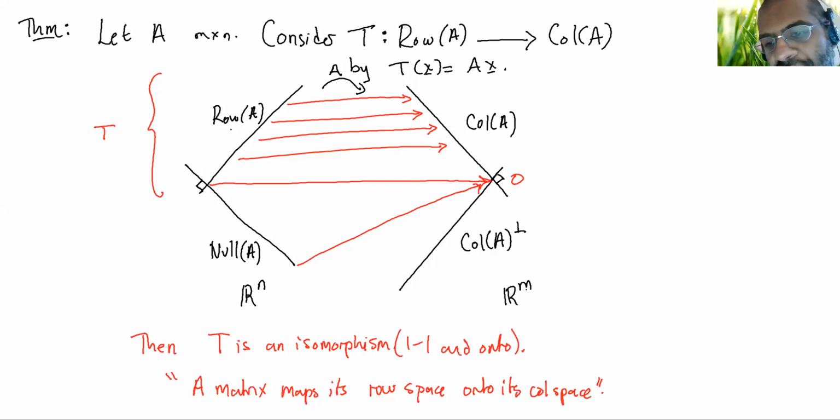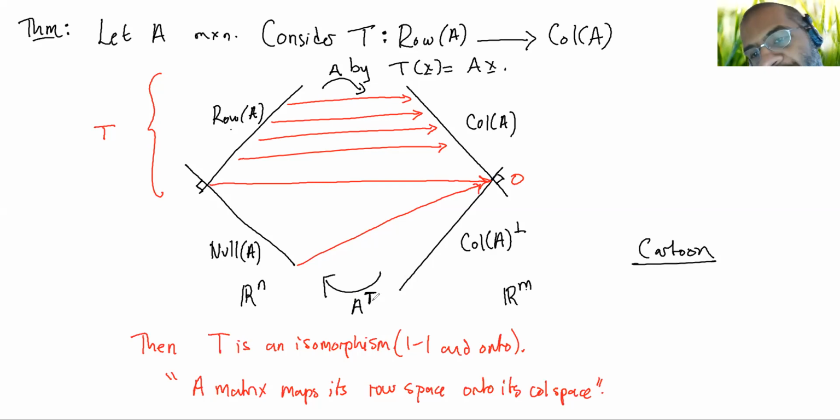So let me just draw another cartoon to clarify this. Maybe not make this red. What do you mean by in that order? Oh, row space to column space. Your question is, what if you went from column space to row space? So you could go the other way by taking the transpose, right? Yeah.